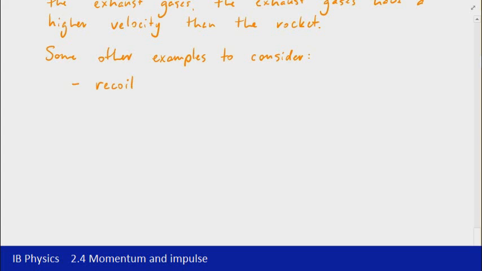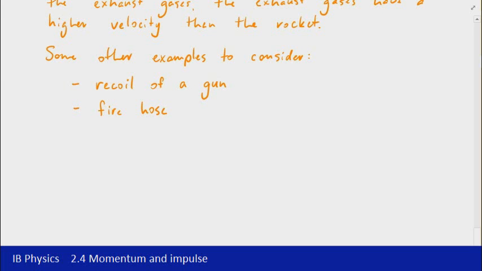When firing a gun, you'll often see in movies and TV shows that as the gun is shot, the bullet goes flying out the front and the gun kicks back in the opposite direction. Another example is a fire hose, with water being forcefully expelled from the end of the hose, and the hose itself recoils in the opposite direction.